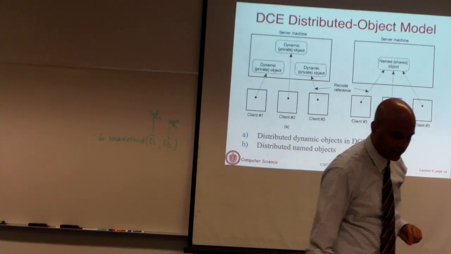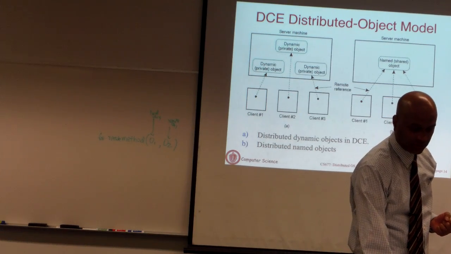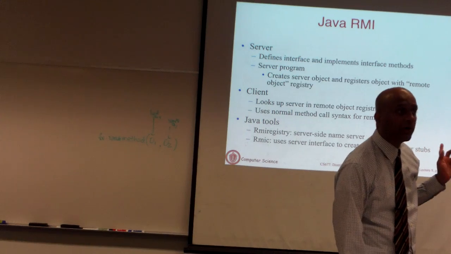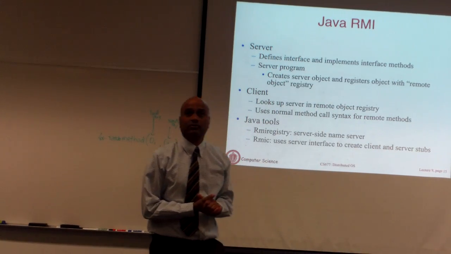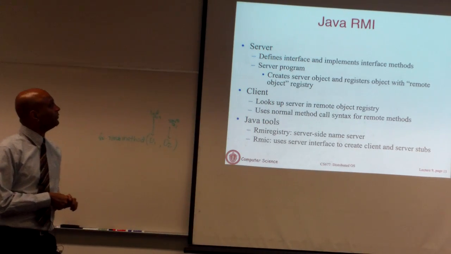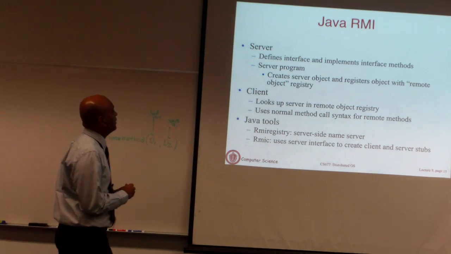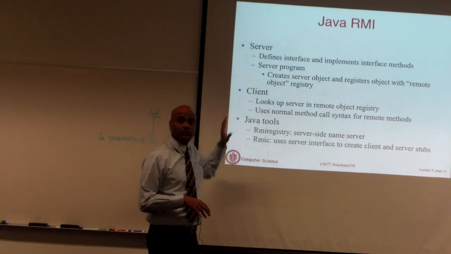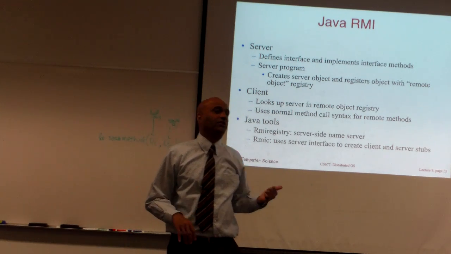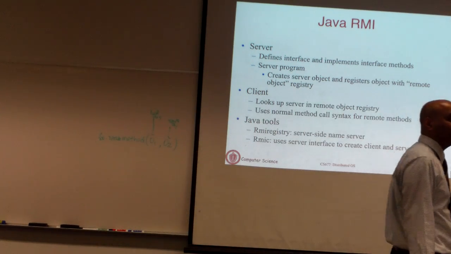Okay, so that's just an example of how some systems implement distributed objects. But now I'm going to talk a little bit about Java RMI, and then we will look at some other concepts in RMI. The good news about Java is that it supports RMI as part of its language runtime.